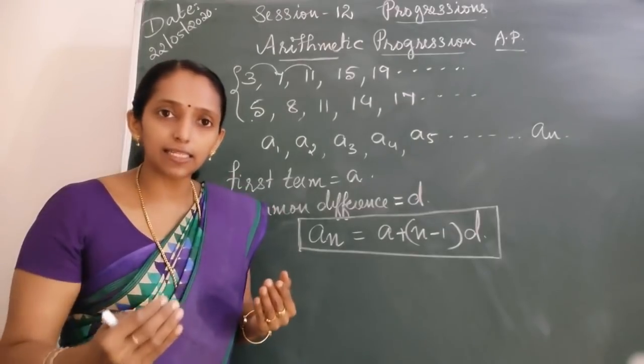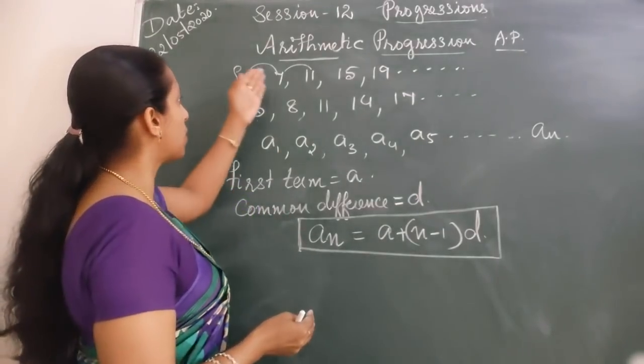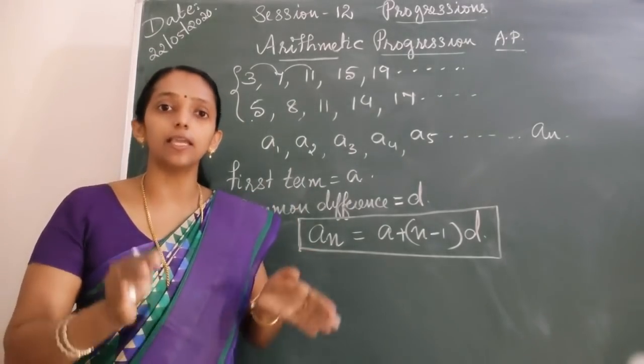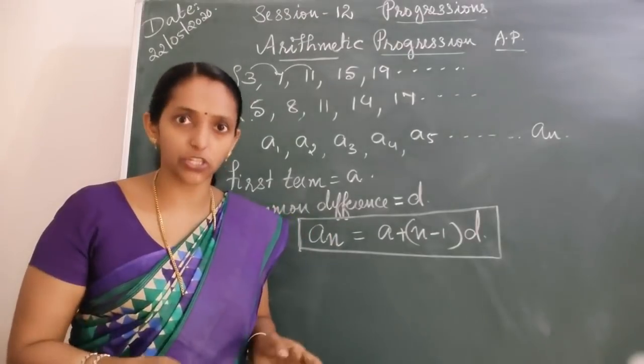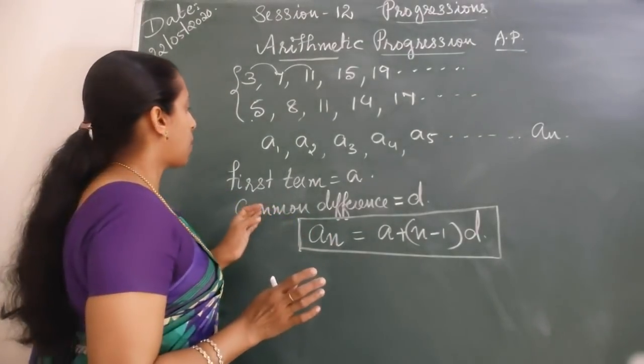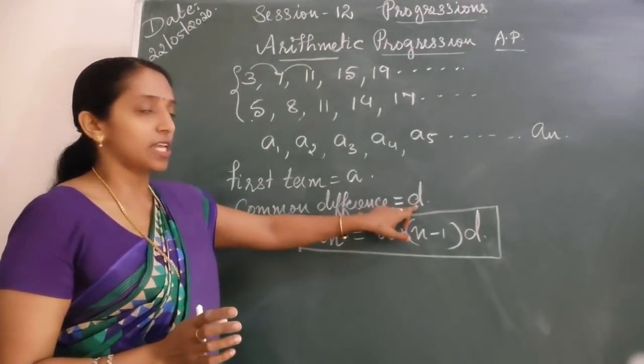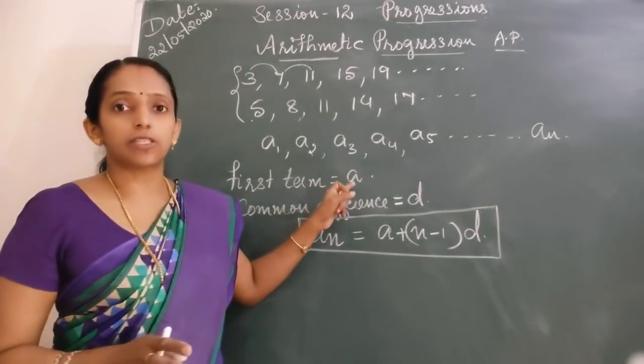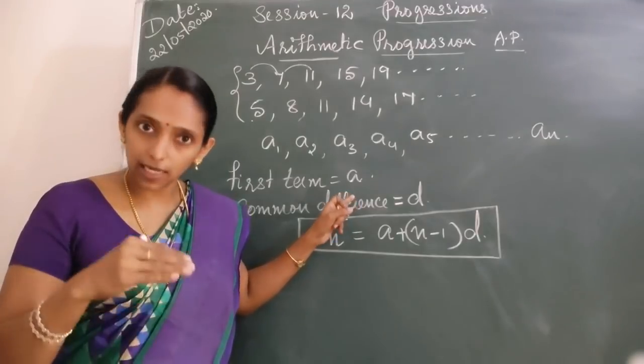If we get a common difference between all the consecutive numbers, of course that sequence will be in arithmetic progression, AP. The common difference is denoted by the letter D, and the first term of the sequence is denoted by the letter A.